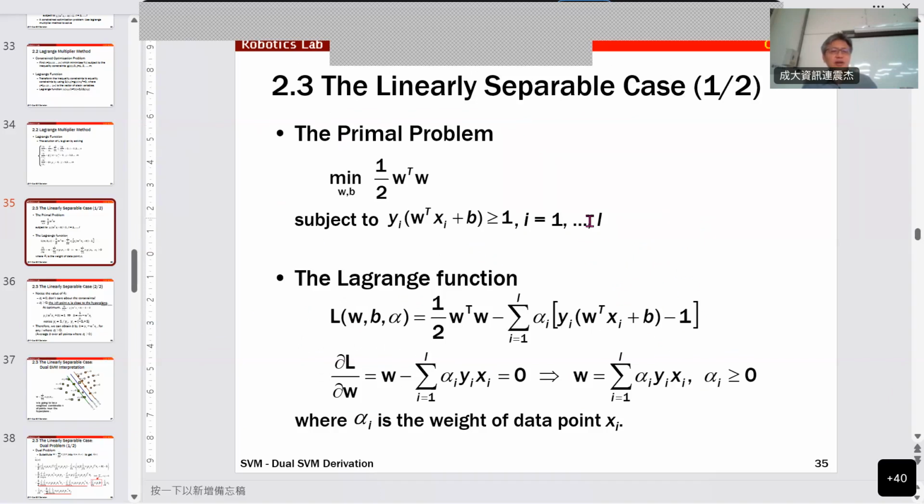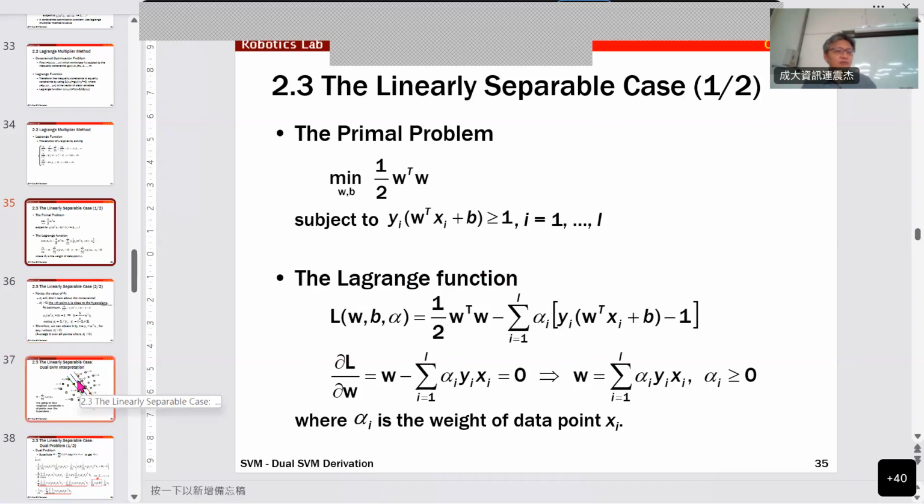This is the original one. But right now you want to do the weighting for each sample, so it becomes this one. This is your Lagrange function, but for each sample you give it an alpha, which means the weight. So you also need to solve for alpha.